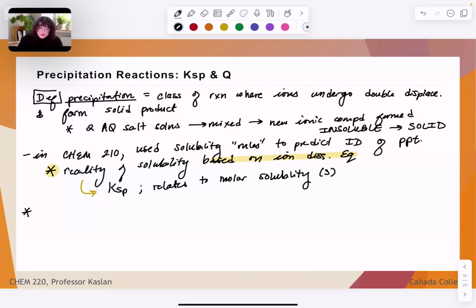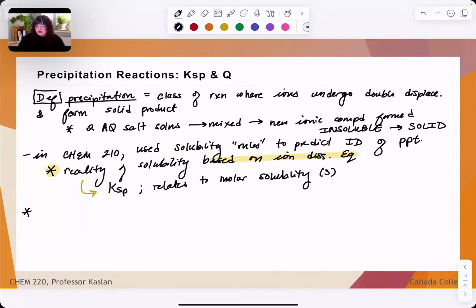So how do we go from what we know in Chem 220 about equilibrium being involved when a solution reaches its saturation point, to our Chem 210 understanding of precipitation reactions in general?